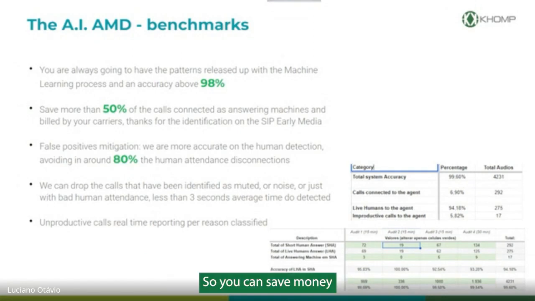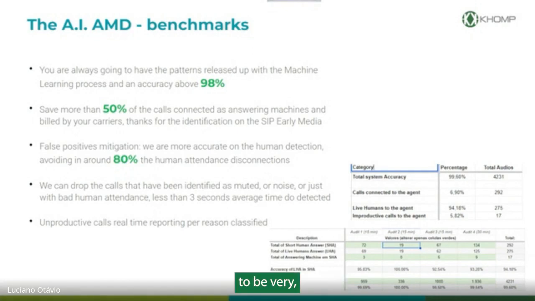So you can save money by asking your carriers to minimize the number of channels that are going to be needed, and minimize the dialing ratio as well, because you can dial less to get the same number of great contacts with your customers. So it's an operations optimization, you know.